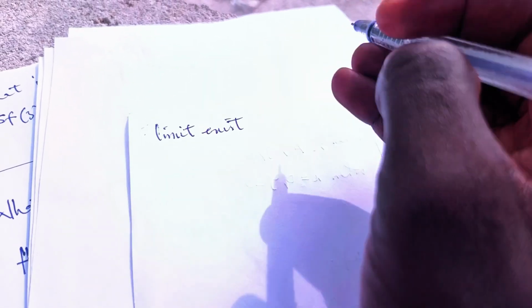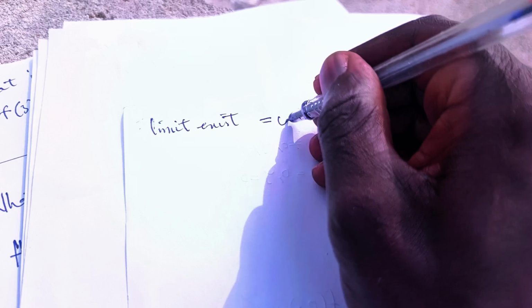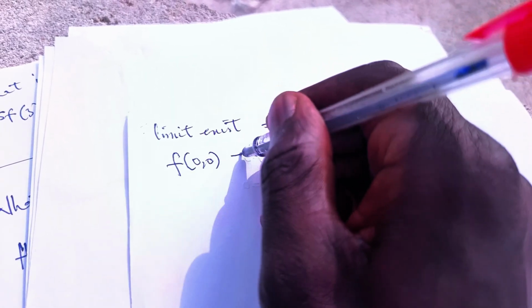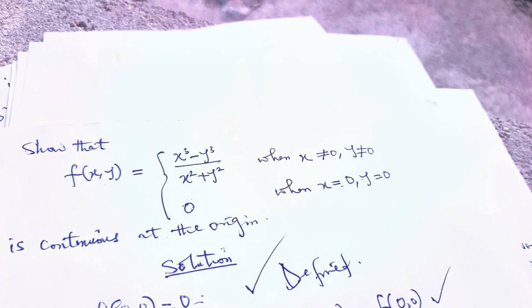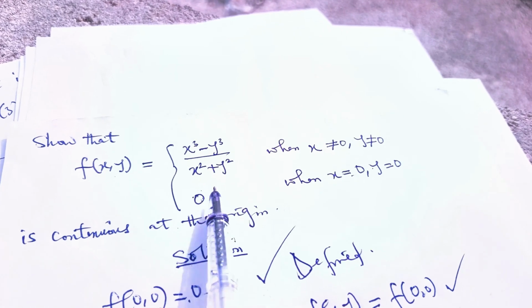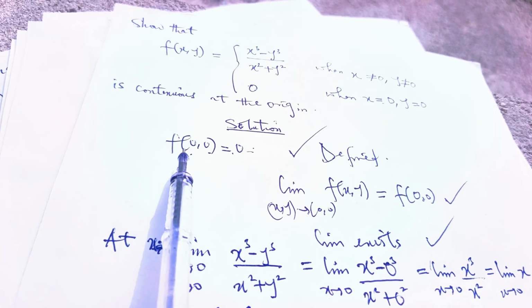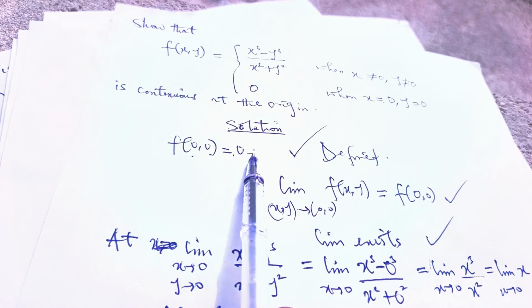So the limit exists and is equal to 0. So remember, the function at (0, 0) is still 0, which is this at point (0, 0). So as you can see, the function is defined.